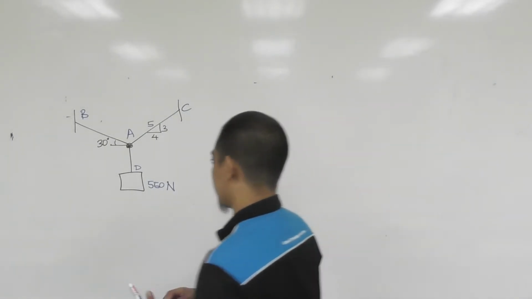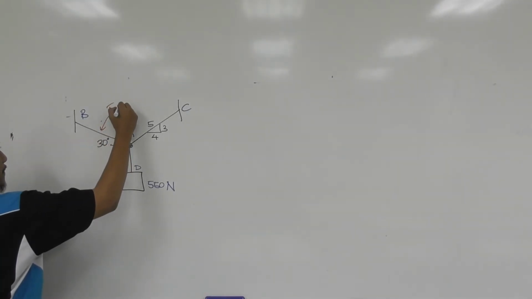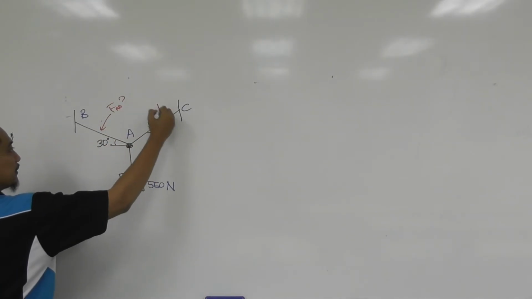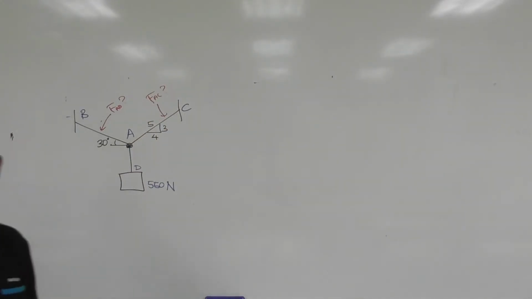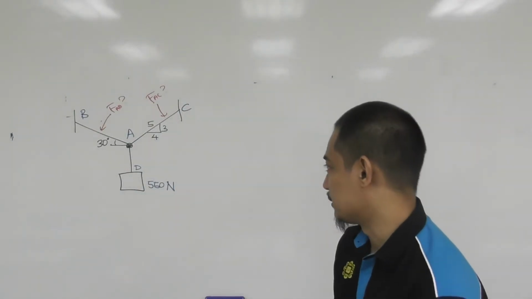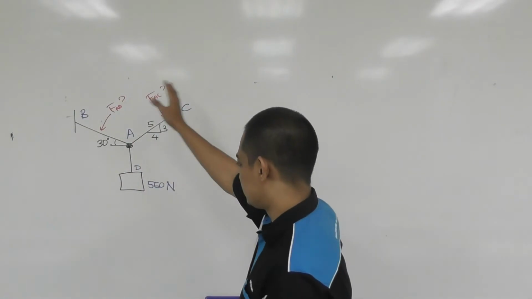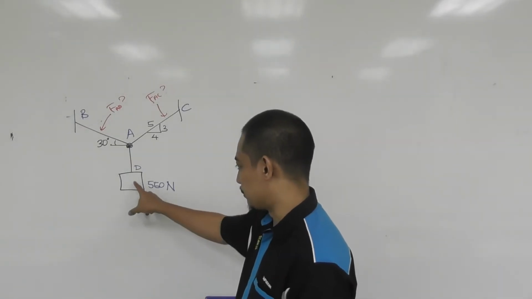So the question asks what is the force here and the force here. So how do we do this? First, do you understand the question? The question gives you this diagram, this picture. We have the box of the weight there.